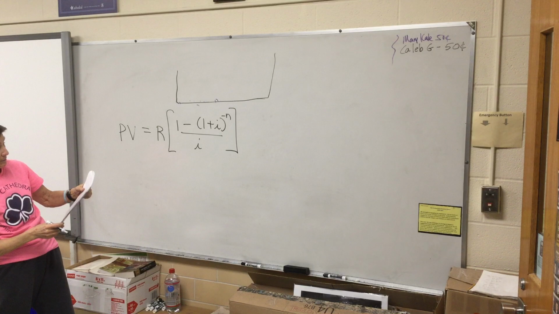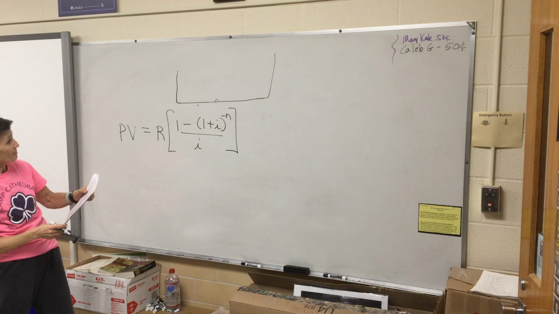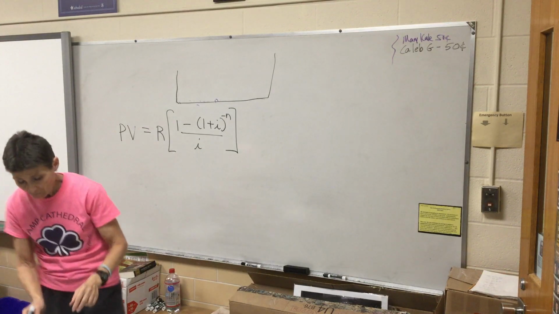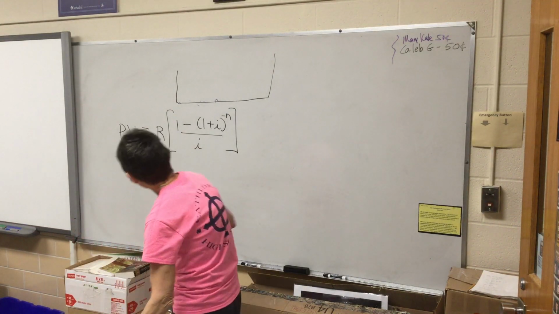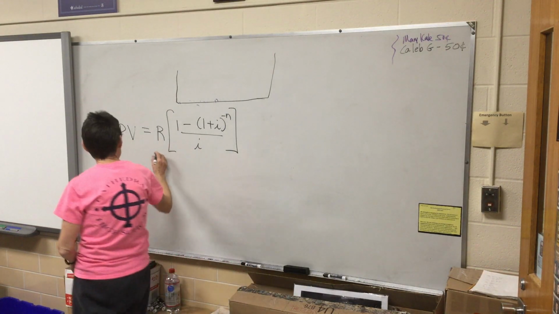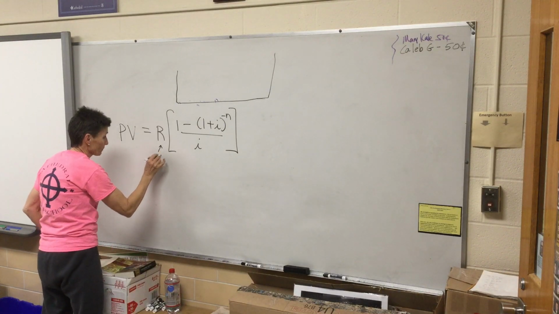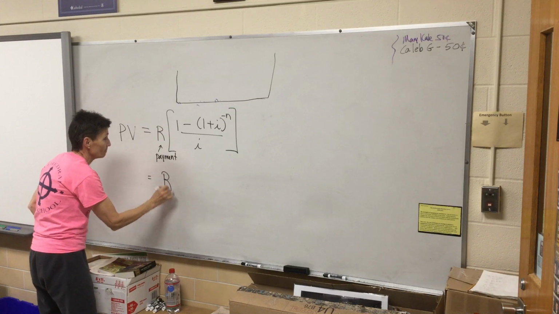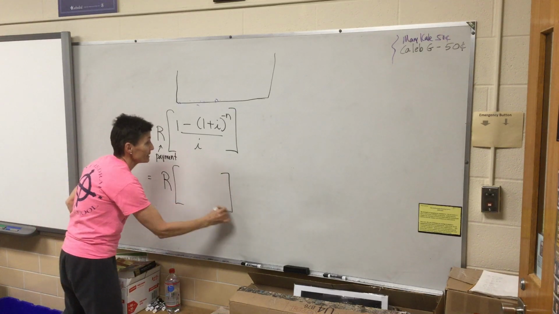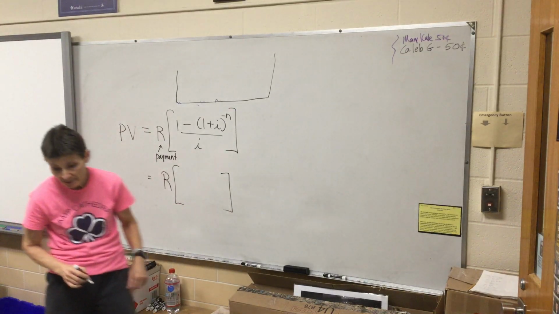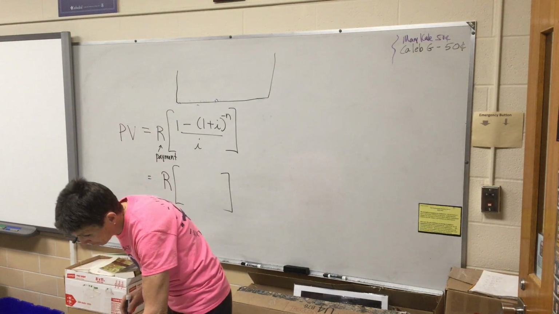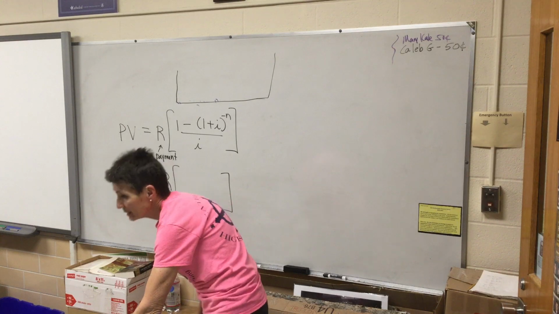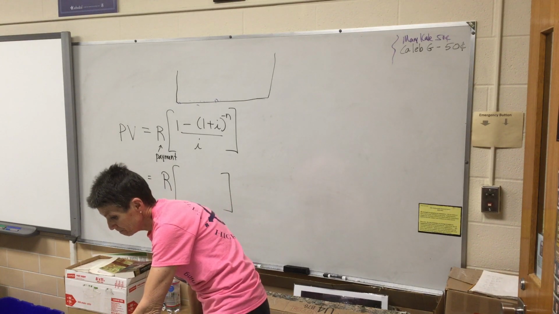Make sure I copied it right. I do not have these formulas memorized. Now, R is the amount of the payment. So in this particular problem, that is going to be my unknown because it says, what are the monthly payments?